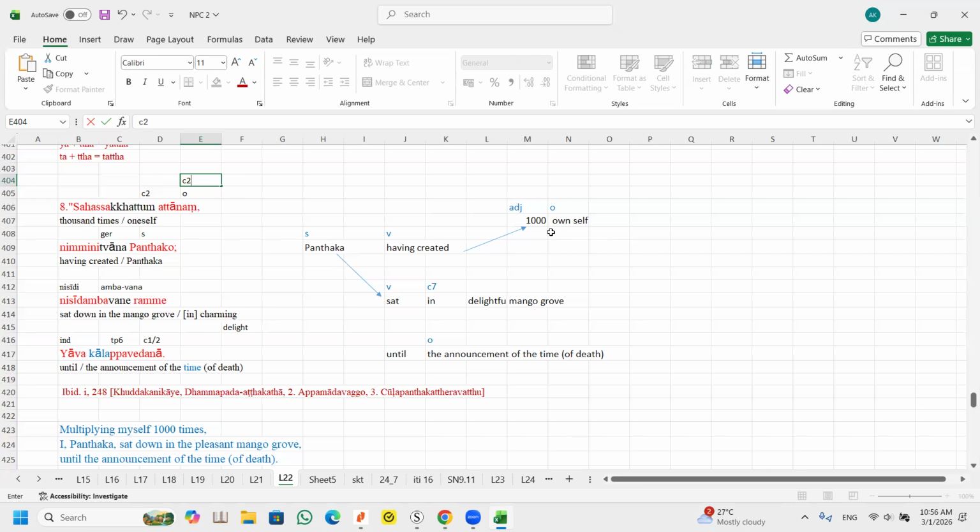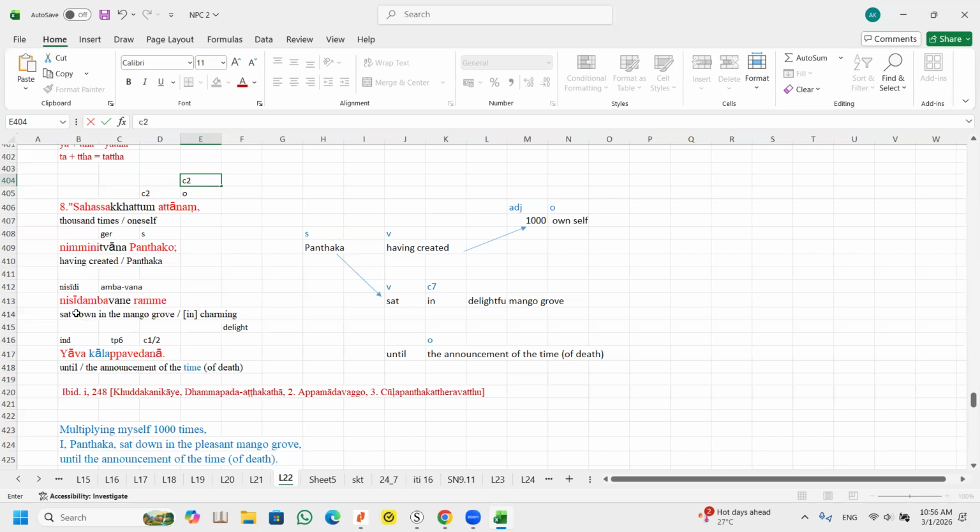He multiplied himself using psychic power, that means he created 1,000 times his own self. So this is the subject, this gerund takes this object, but this appears in front because he put it this way in your book. So I also have to follow that. But when I want to explain, I do it like this so that you can see subject, verb, and object.